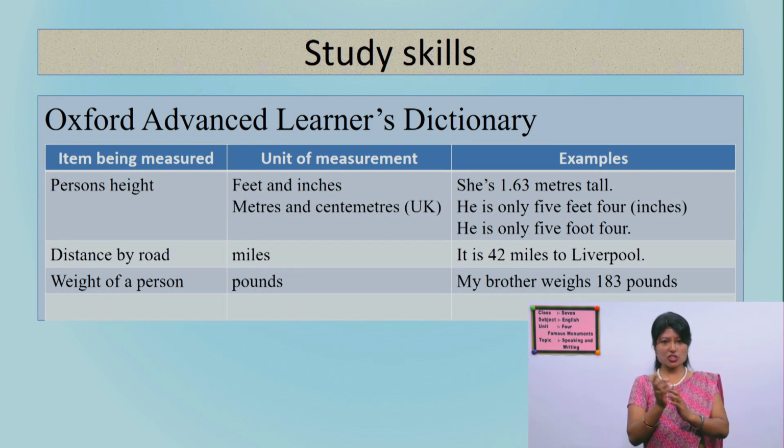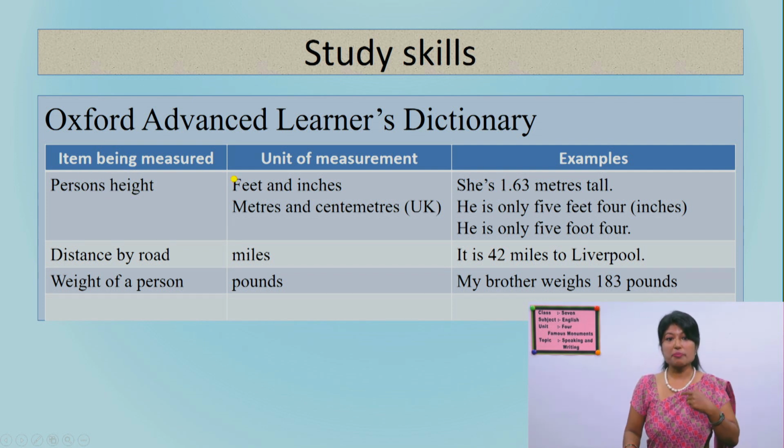This is just to arouse curiosity. I have taken this from there, and it tells us the item being measured, what we are measuring, the unit of measurement, and examples. Just three things I have taken.